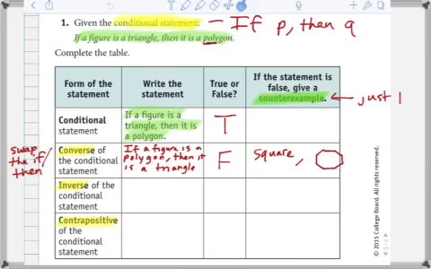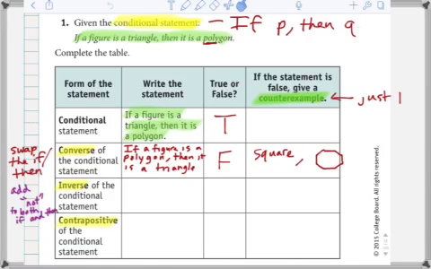All right, that brings us to the inverse. For the inverse, we're actually not going to swap in this case; we are going to negate both the if and the then. It's really just about adding a not to both parts, the if part and the then part.